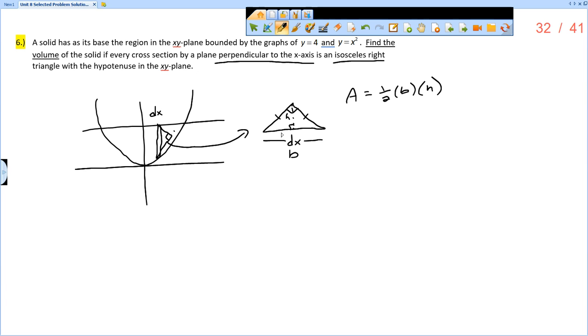What we have to remember is that this is an isosceles triangle, so these angles are the same. Because we cut that 90 in half, the two halves are equal.